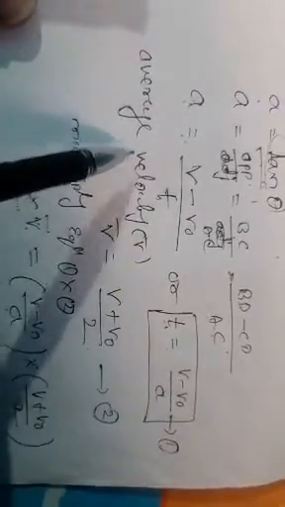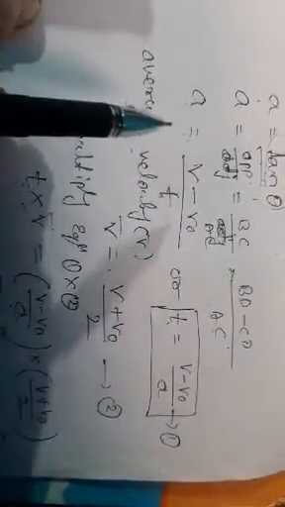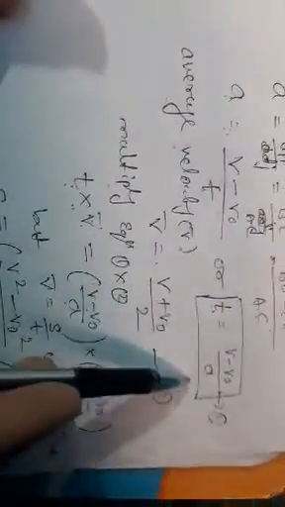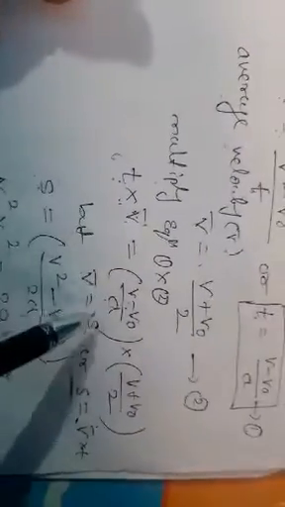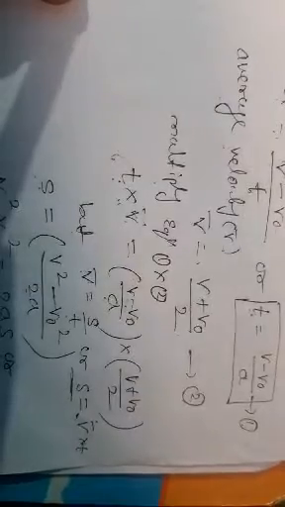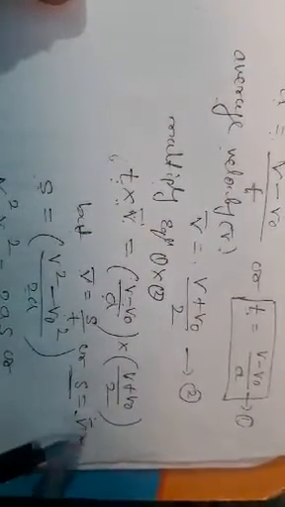By using the basic definition of average velocity, the average velocity is equal to the sum of the initial and final velocities divided by 2, called equation number 2. Multiply equations 1 and 2. By the definition of velocity, the rate of change of displacement, S is equal to V bar t.